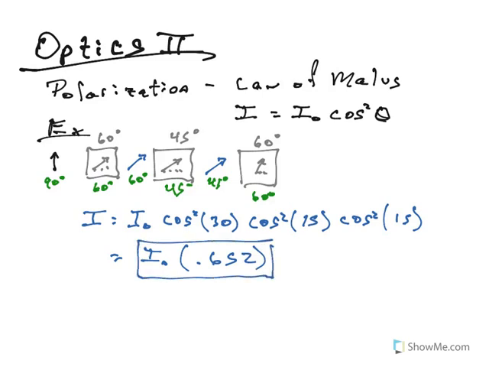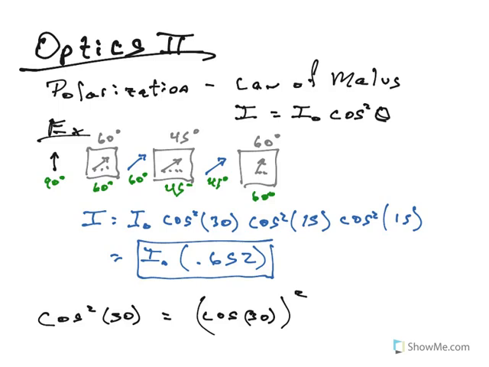Now, for anybody wondering how to input this stuff in a calculator, there are different ways you can do it. One way is to realize that when you say cosine squared of 30, what that means is the cosine of 30, and this whole thing is squared.